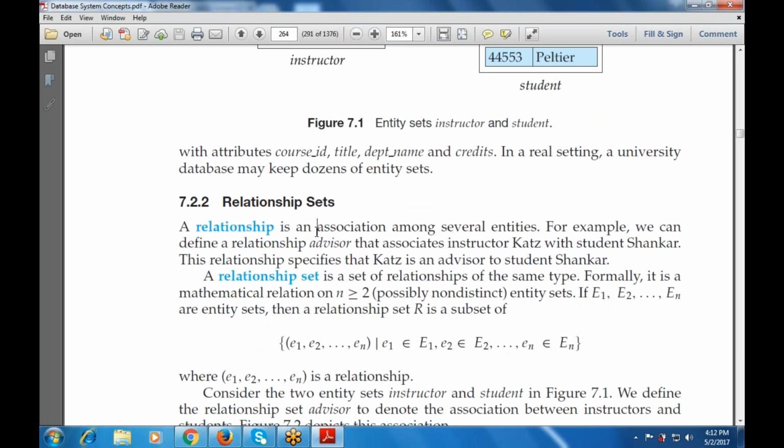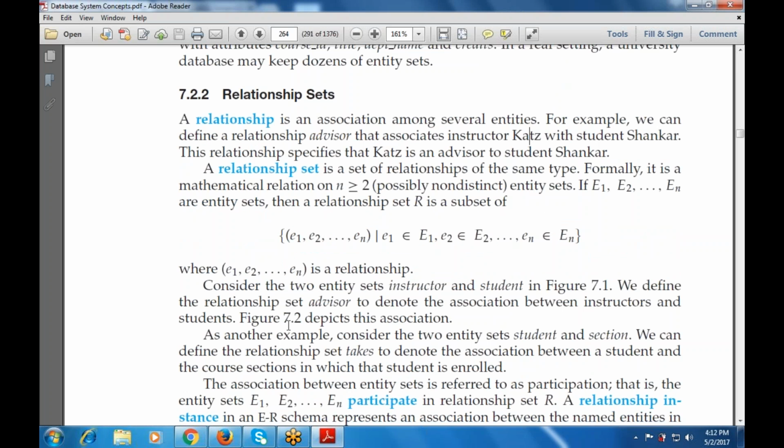Next is the relationship, which is an association among several entities. For example, we can define a relationship advisor that associates an instructor with a student. So it is a set of relationships of the same type. Now consider the two entity sets, instructor and student.